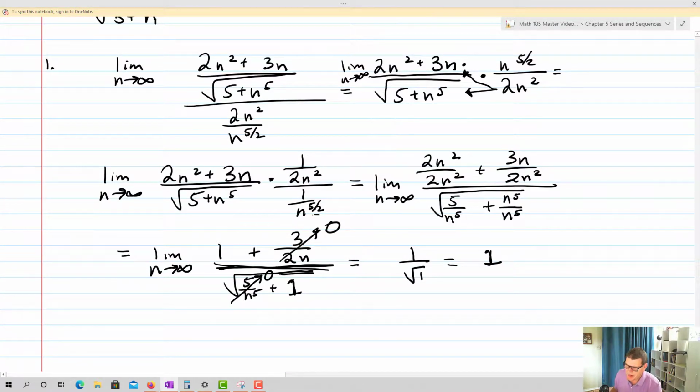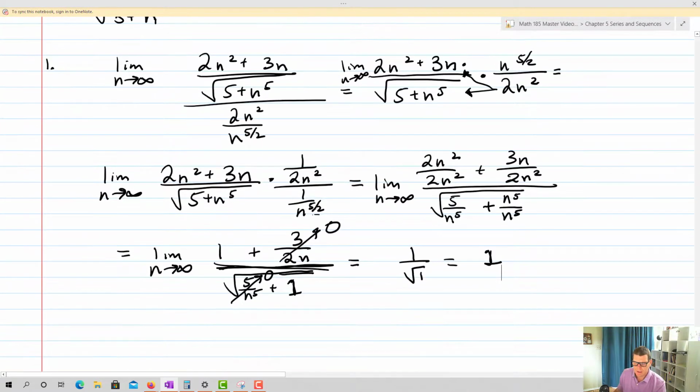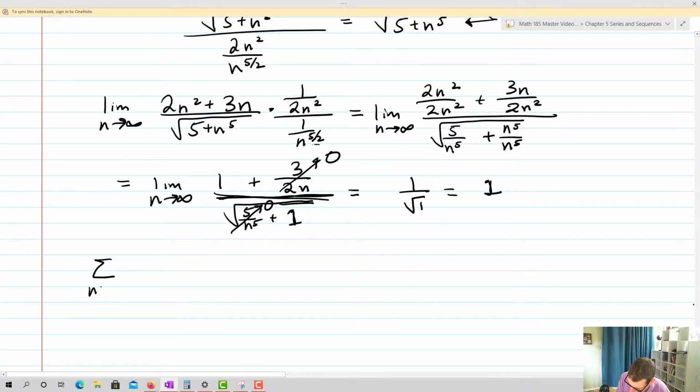So now we have to determine if 2 over n to the 1/2 is divergent or convergent. The sum, n equals 1 up to infinity, of 2 over n to the 1/2 equals 2 times the sum, n equals 1 up to infinity, of 1 over n to the 1/2.